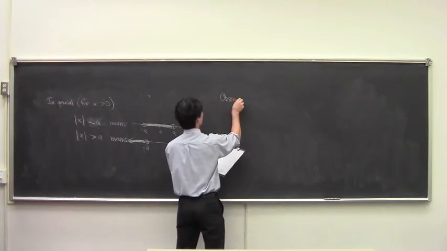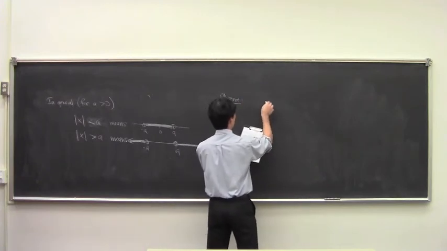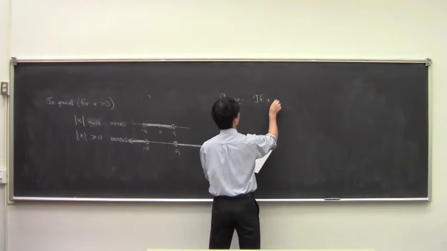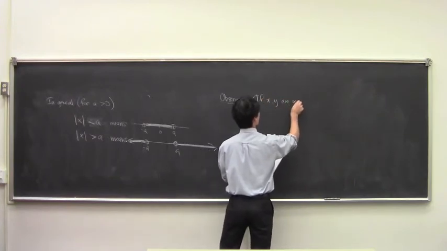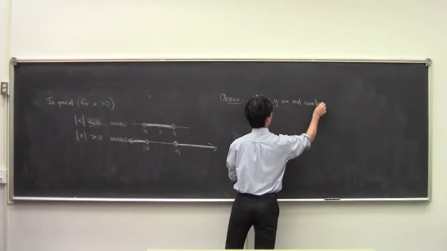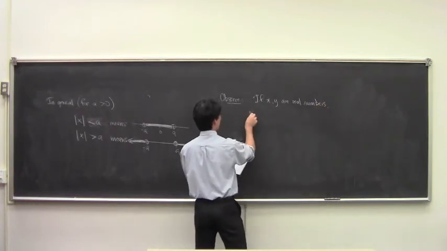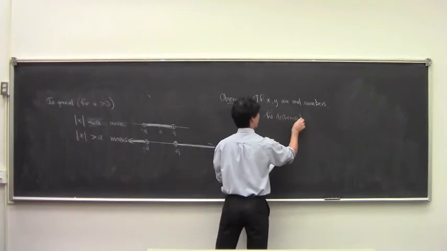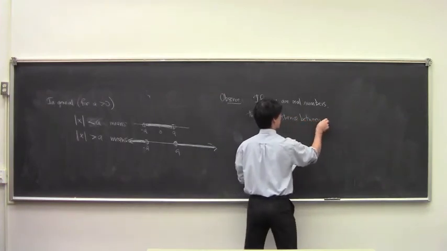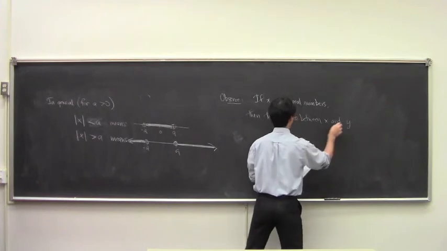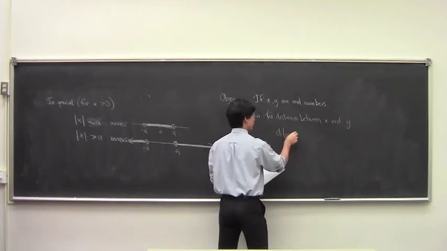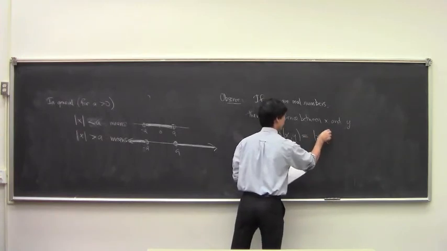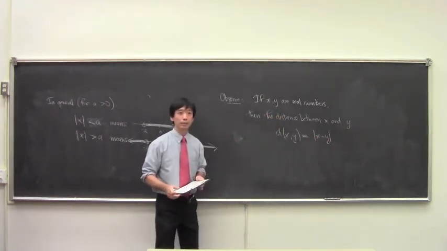Consider, in fact, if x and y are real numbers, then the distance between x and y, which I'm going to write as d of x, y, is actually the absolute value of the difference. The absolute value of the difference.